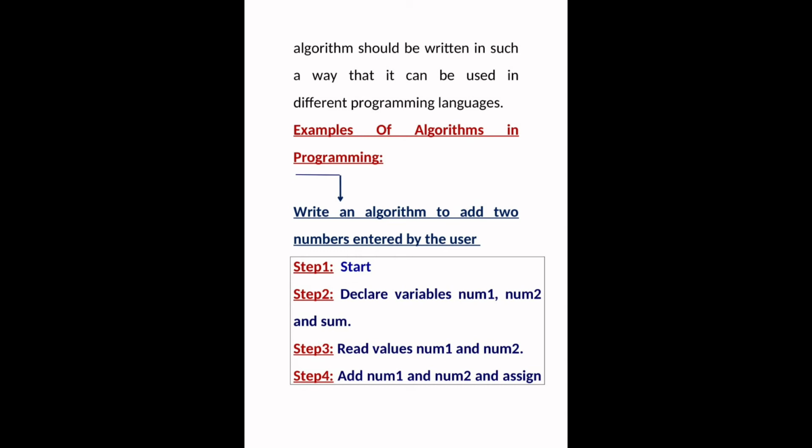Algorithm is a set of instructions in sequence. Step 1, start. Step 2, declare variables number 1, number 2 and sum. To add two numbers, we can name them A or P or anything.